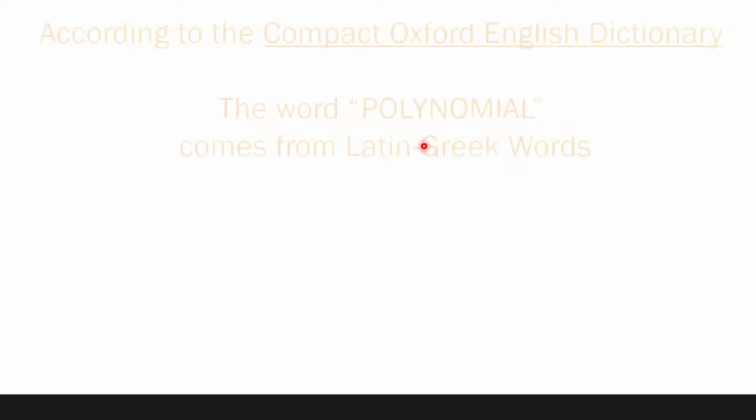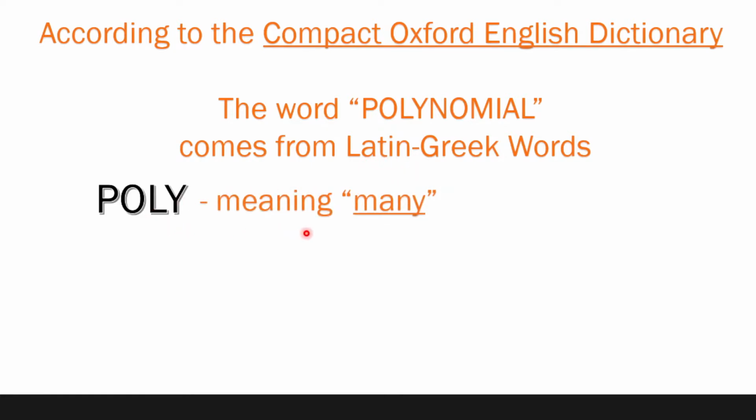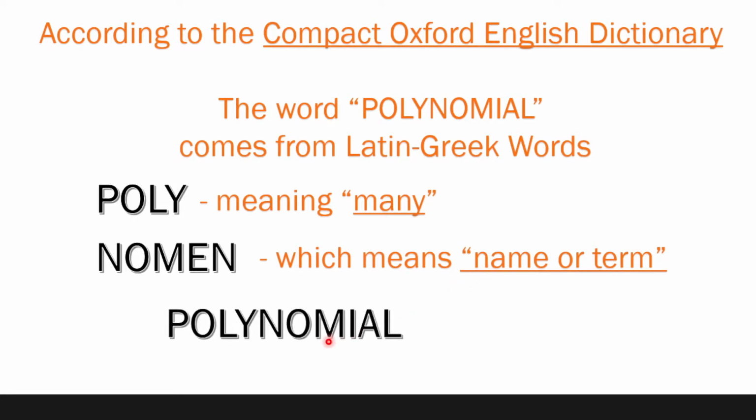Next, so according to Compact Oxford English Dictionary, the word polynomial comes from Latin Greek words poly, meaning many, and nomen, which means name or term. So, madaling salita, polynomial is many terms. Okay? Remember that.